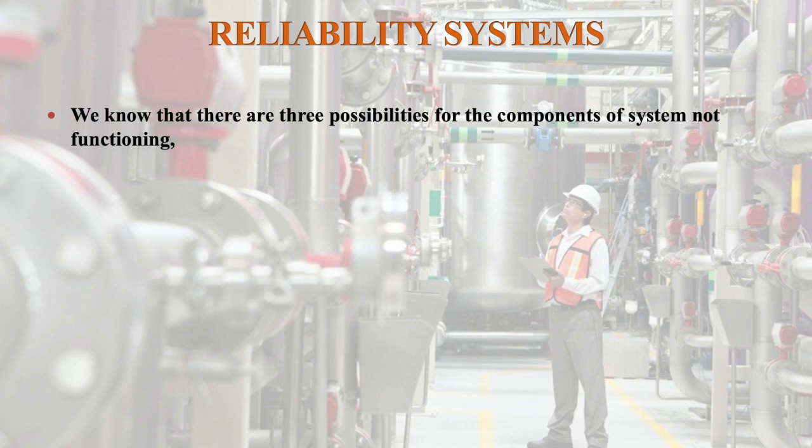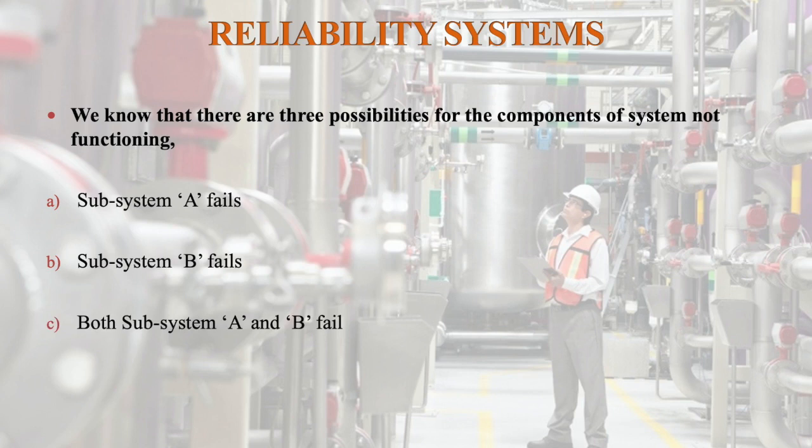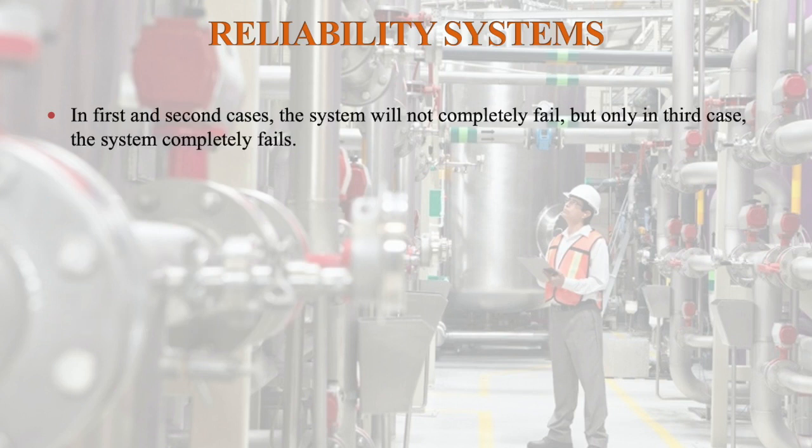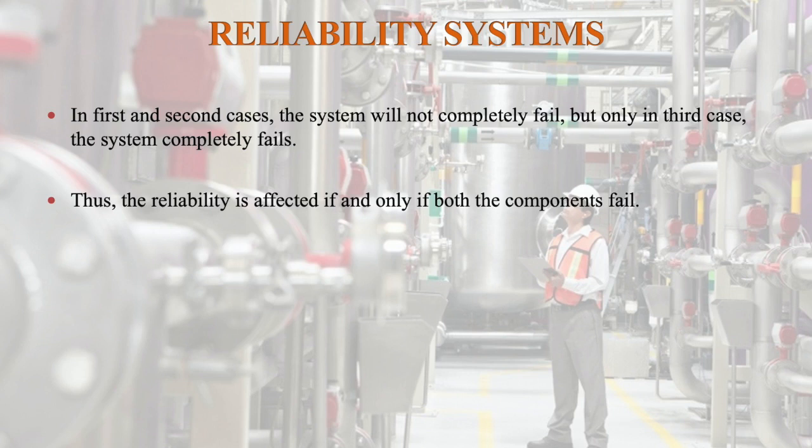We know that there are three possibilities for the components of the system not functioning: subsystem A fails, subsystem B fails, or both subsystems A and B fail. In the first and second cases, the system will not completely fail, but only in the third case does the system completely fail.